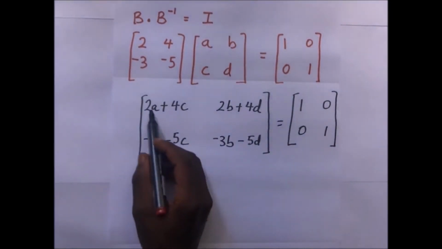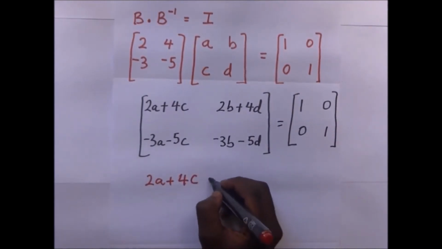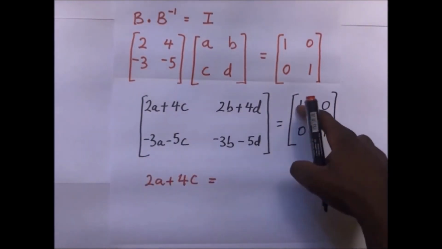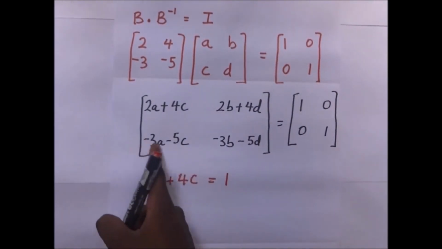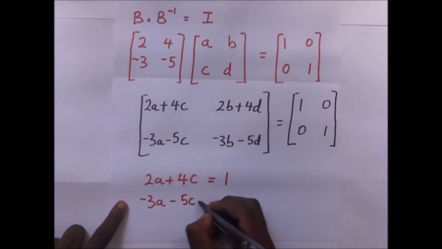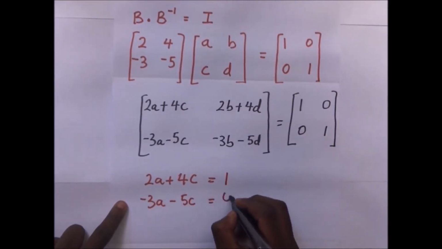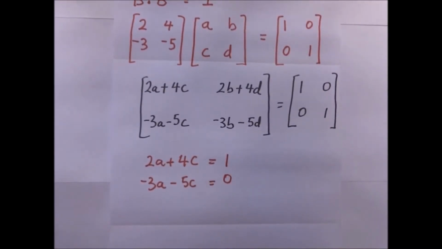In this case, it's going to be this. 2A plus 4C is equal to 1. That is one simultaneous equation. Then negative 3A minus 5C is equal to 0. So from here we can find the values of A and C.